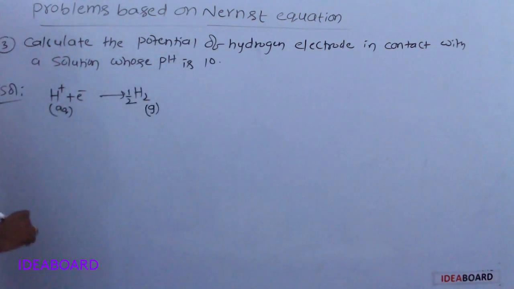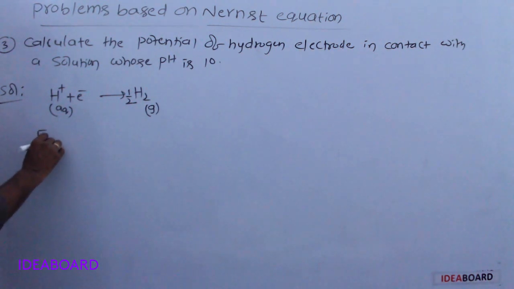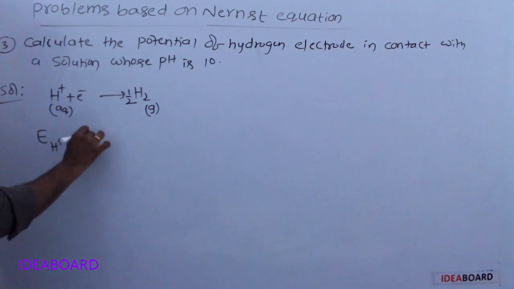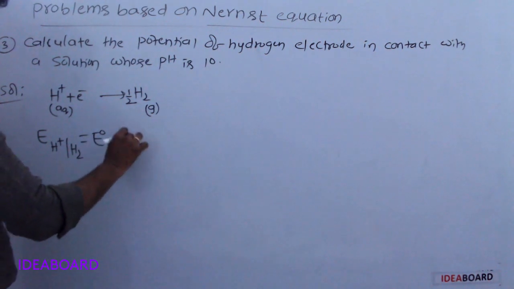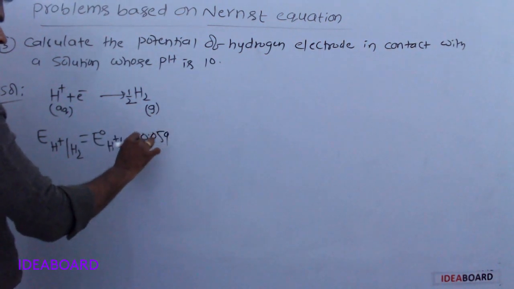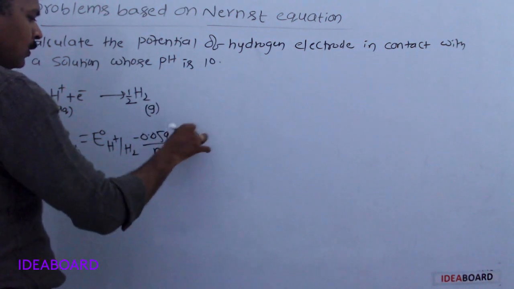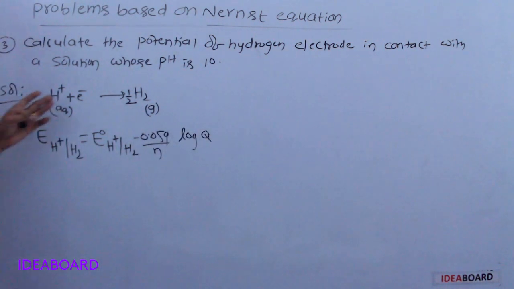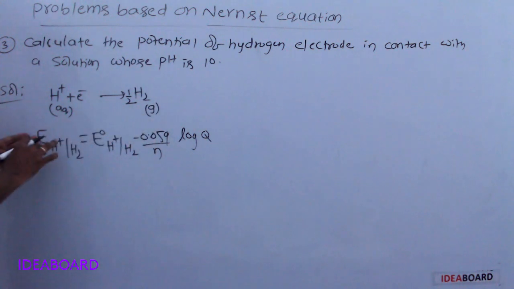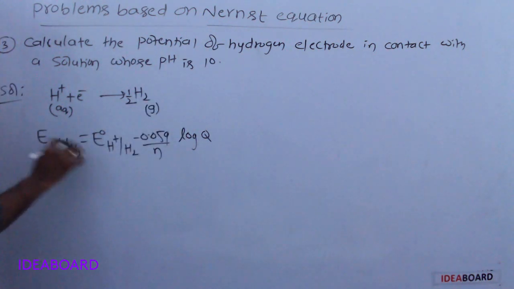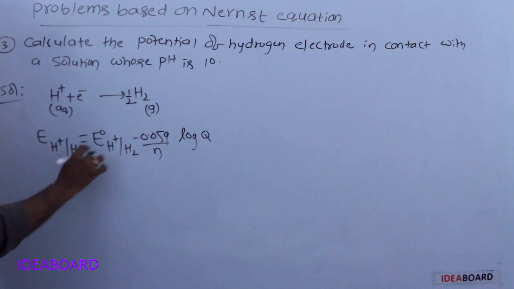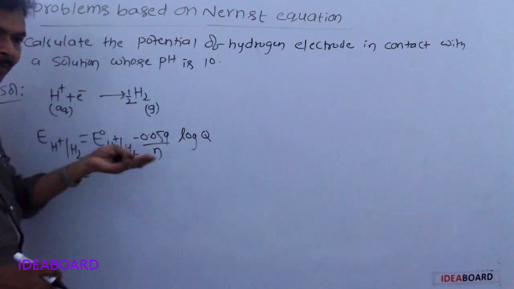Hydrogen is a gas. For this, the Nernst equation: E of H plus to H2 is equal to E naught of H plus to H2 minus 0.059 by n log Q. This is the standard SRP value of the hydrogen electrode.